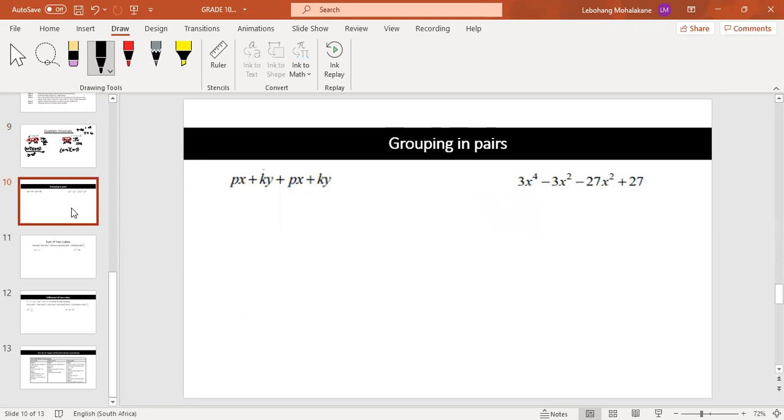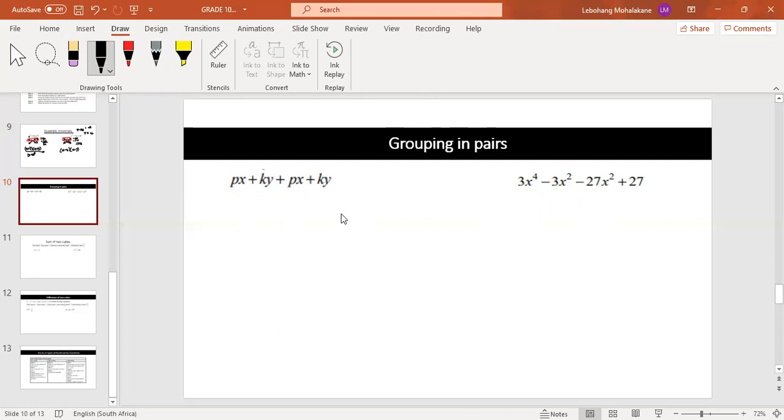Then we continue to grouping in pairs. For grouping in pairs, what we have to do here is just to look at what we have and then use brackets.